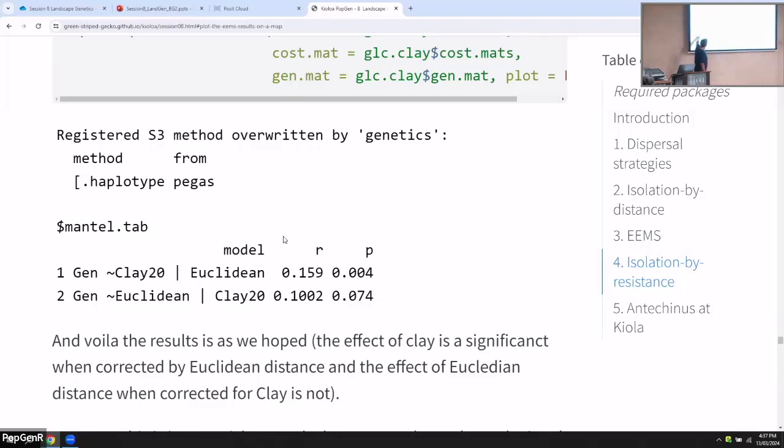And then you have another one. You test genetic distance against Euclidean distance corrected for clay. Yeah? So the opposite. And this should not be significant. There are some people who think this is not good and it's not independent and blah, blah, blah. So there's some debate about it, but that's one way you can test the effectiveness of landscapes. And because it's easy to do, I implemented it, but it's maybe not the best thing to do.